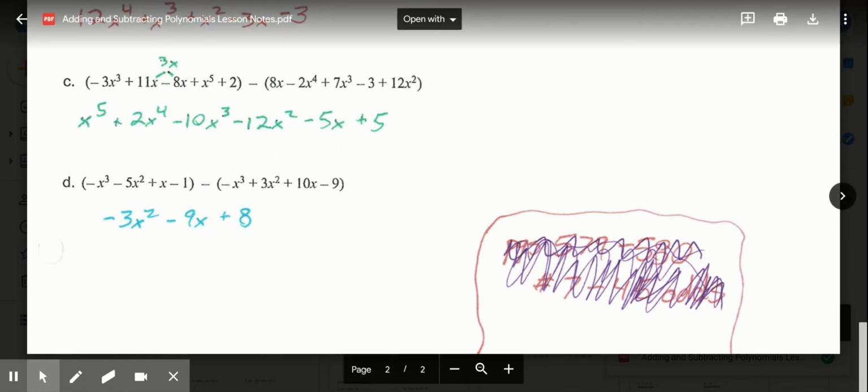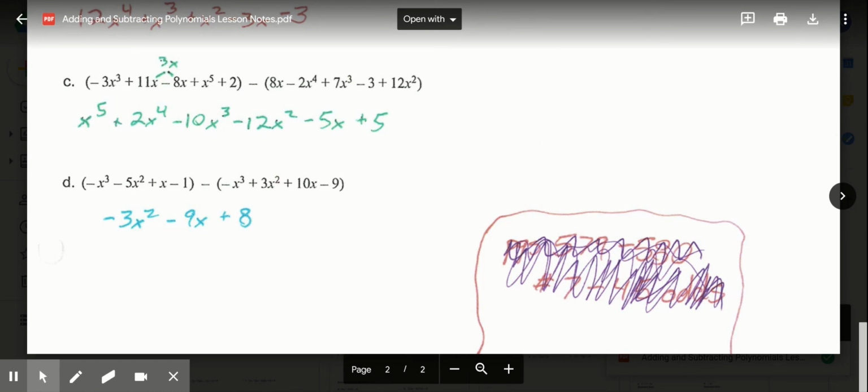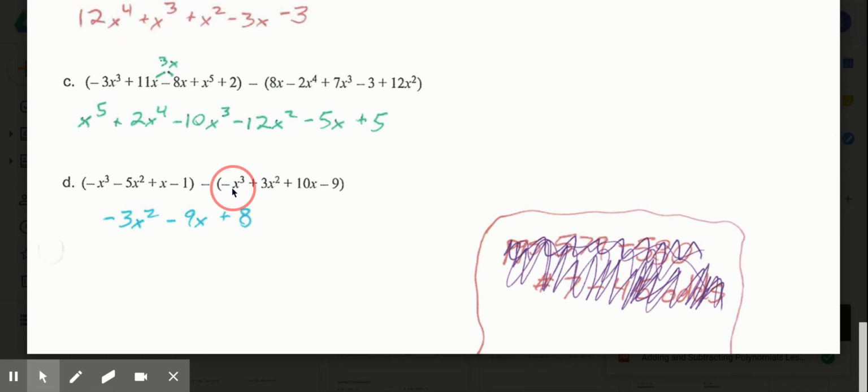And in D, we have a -x cubed, a -5x squared, plus x plus 1, and then minus a -x cubed, plus 3x squared, plus 10x minus 9. The -3x cubed minus a negative 3x cubed becomes addition, and those cancel to be 0.